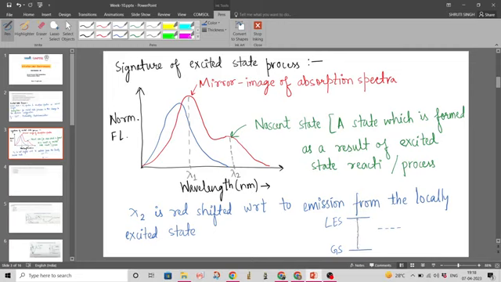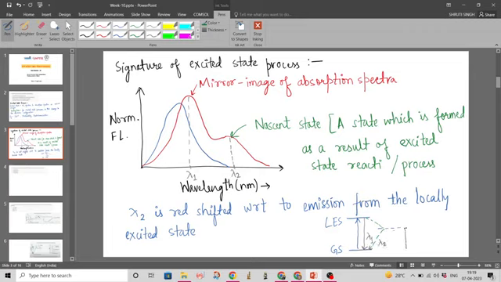So this is absorption, and when the emission comes back like this, this is lambda 1, higher energy, so lesser wavelength. But when some excited state process happens, the molecule is in this state and it goes here and then comes down here. So this one is lambda 2.